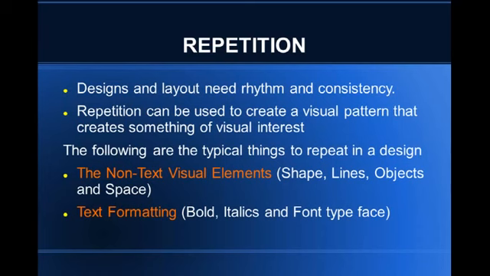The last principle of design is repetition. Basically, it's used to create a visual pattern that achieves something of visual interest. Now, the typical things to repeat in design are the non-text visual elements. These are the shapes, lines, objects, and space, and the formatting applied to the text, the making of the text bold, italicized, the size, or the font typeface.